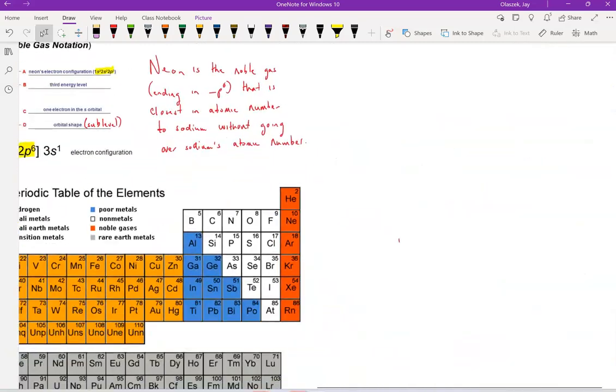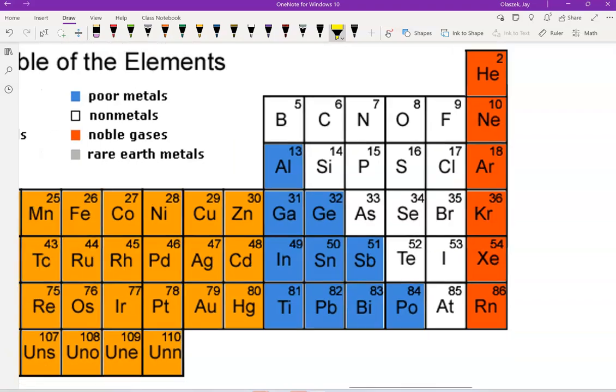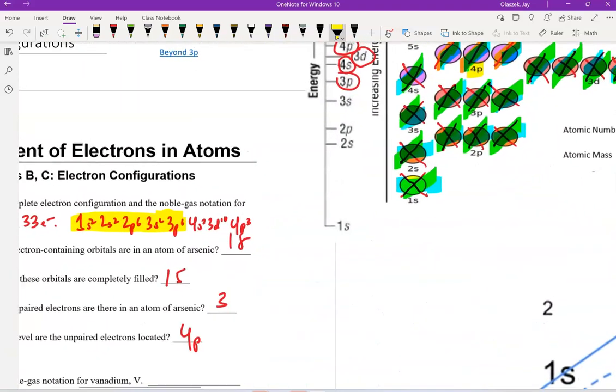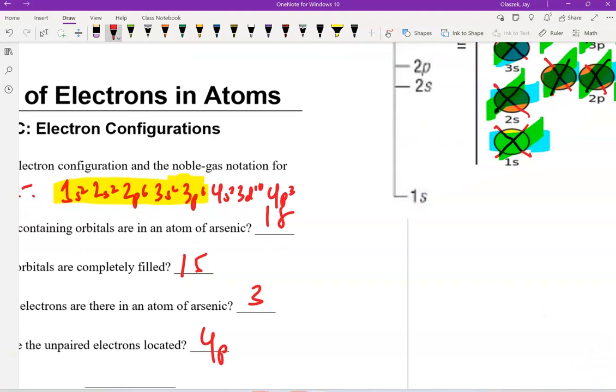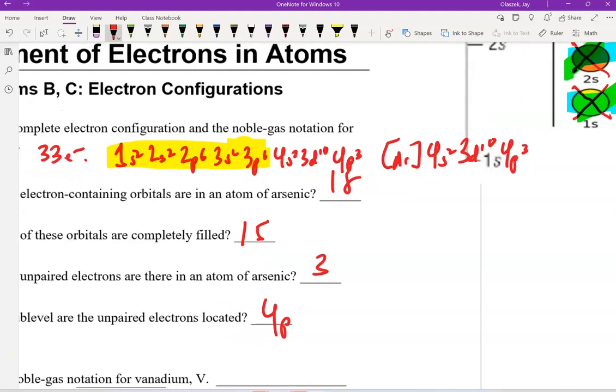Well, that's this guy right here. That's argon. So what are we going to say? What is the noble gas notation for arsenic? Arsenic looks just like argon because argon ends 3p6, then 4s2, 3d10, 4p3.